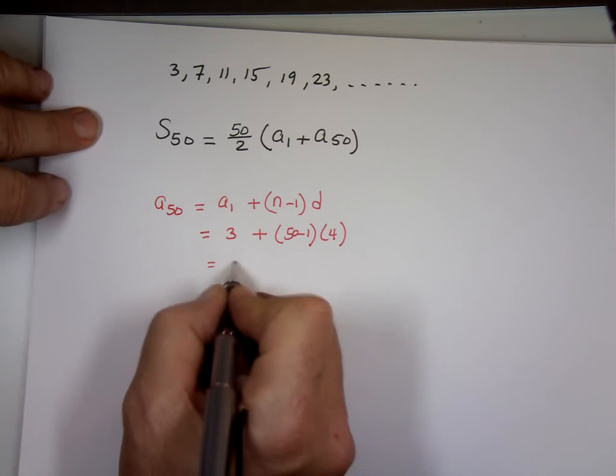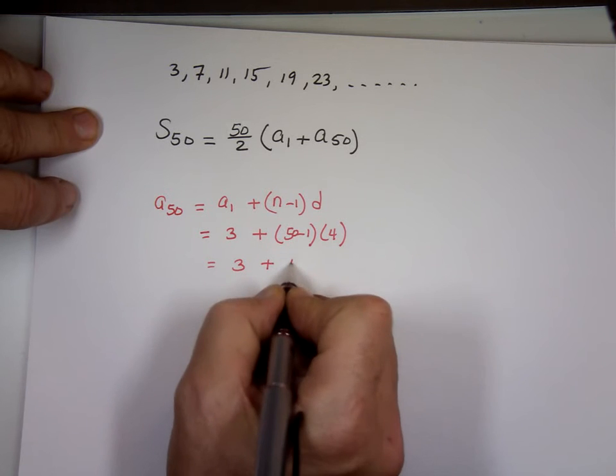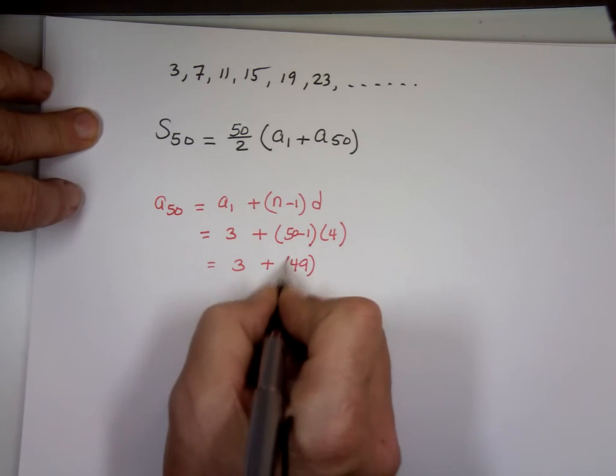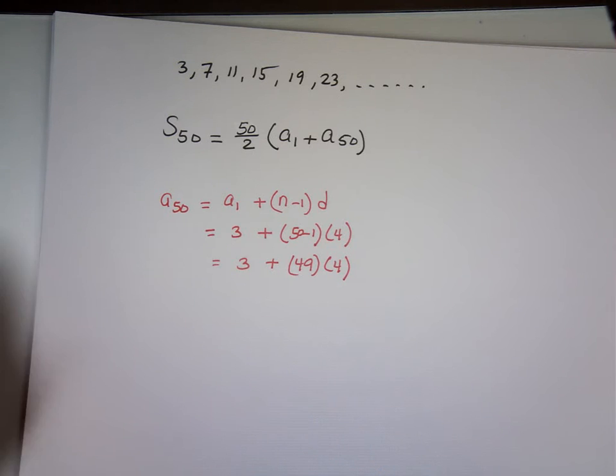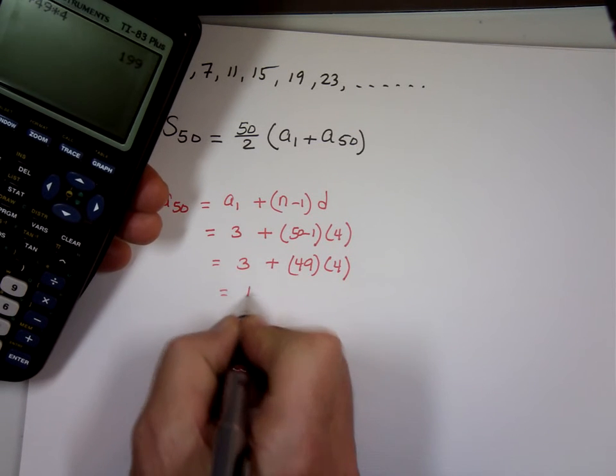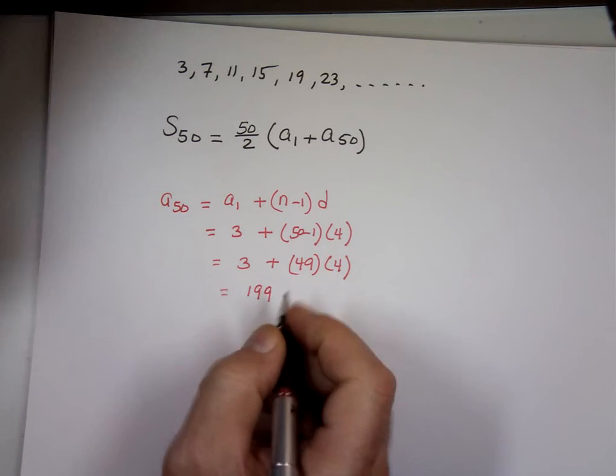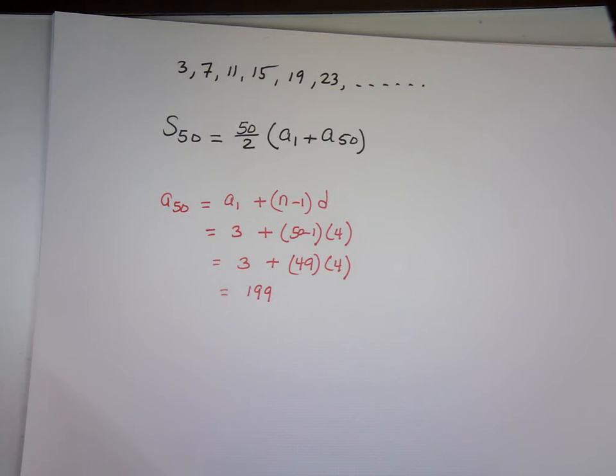So 3 plus 49 times 4. The 50th number is going to be 199. So you got to find that first.